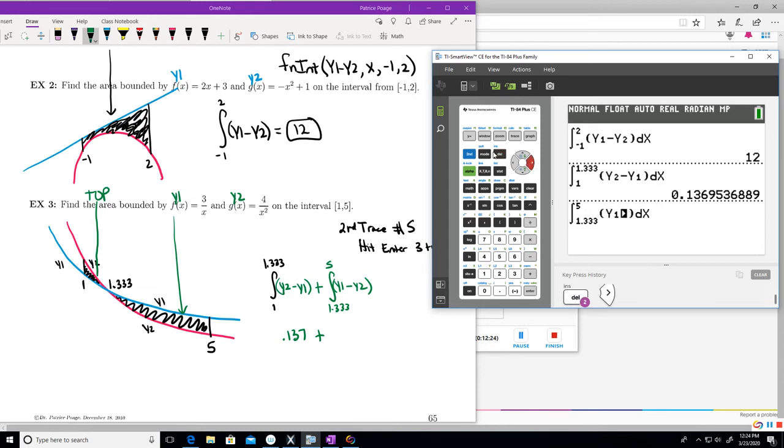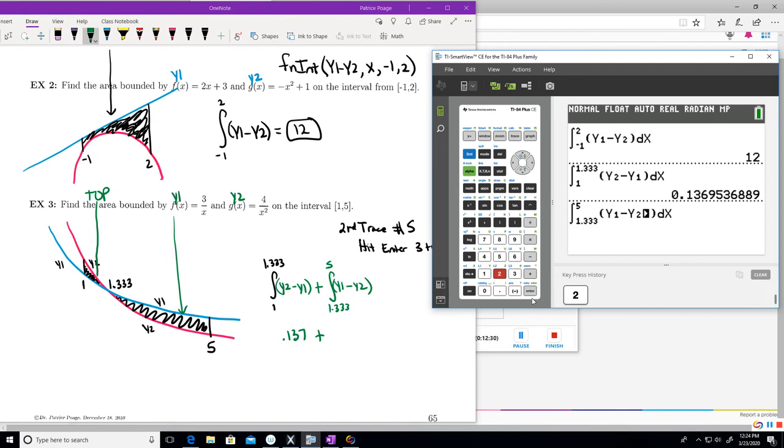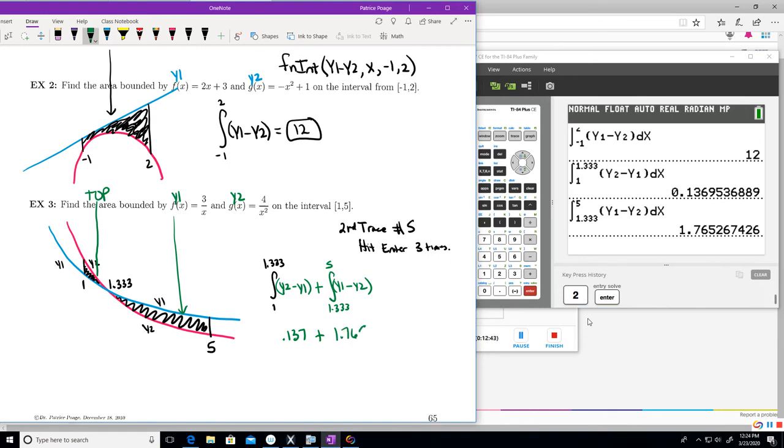I need to insert, I can just do minus vars, y-vars, function, Y2. All right, so now I'm going from 1.333 to 5 of Y1 minus Y2, and I get 1.765, and I add those together.